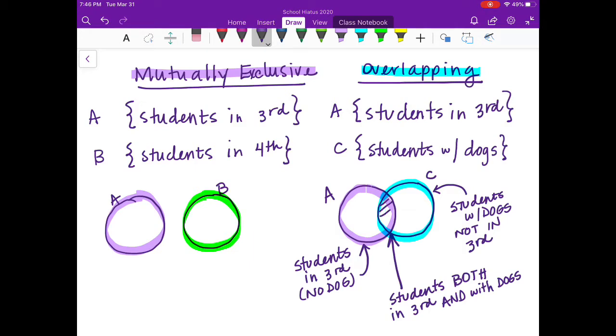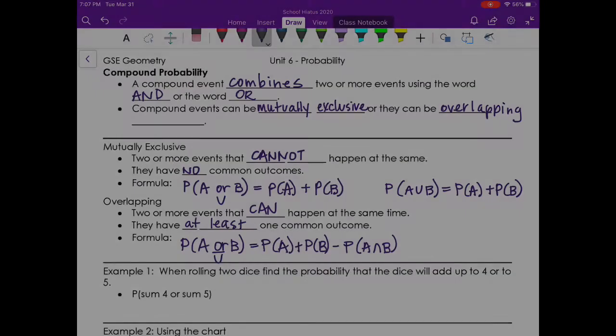So we have this overlap here in between, and if I was to count all of the students in all of these categories, I wouldn't want to count those students in the overlap twice. And that's why the overlapping formula subtracts out the overlap between the two groups.